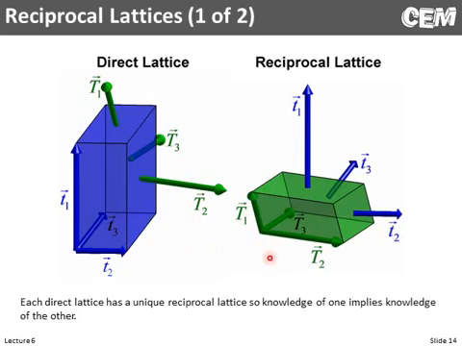And likewise, we can pair these off 3 different ways, and we will get our original set of translation vectors of the direct lattice. And we can go back and forth all day. Every direct lattice has a reciprocal lattice, and it's a unique transform. So the reciprocal lattice is not a physical lattice, but it is very useful mathematically.